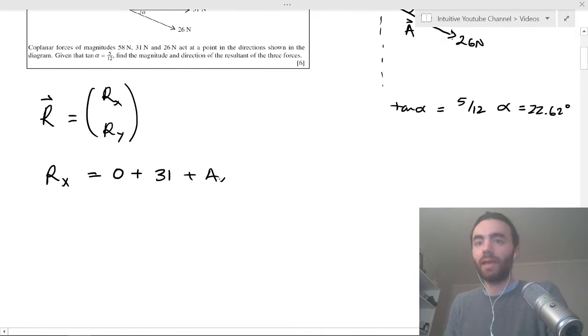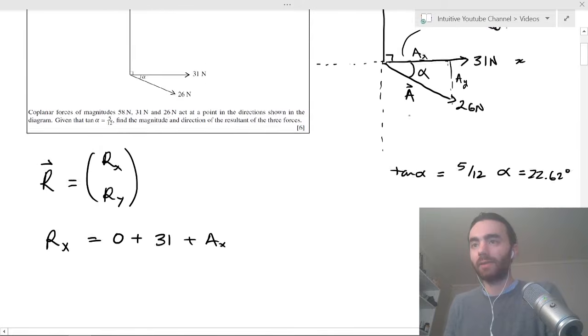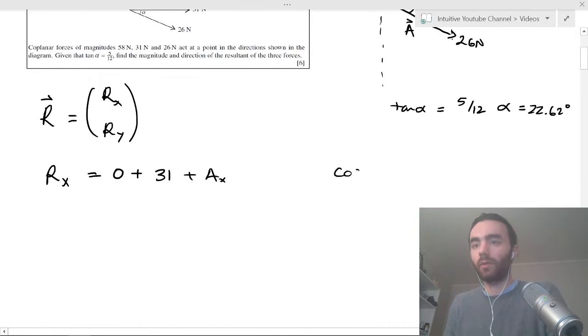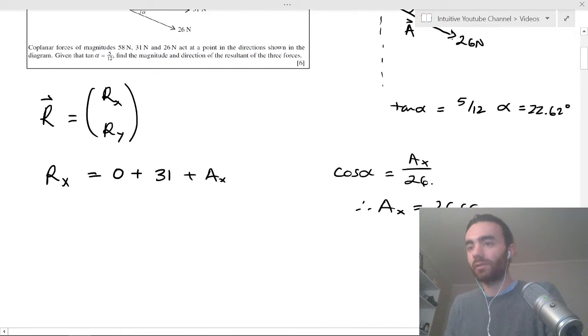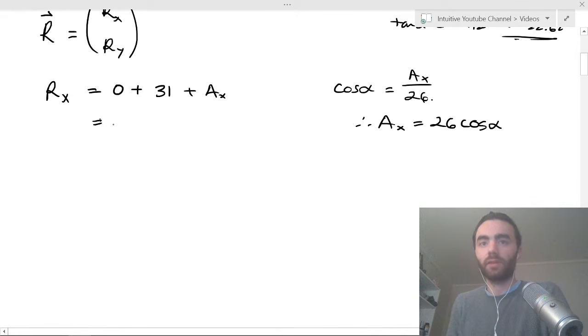So this would be plus ax, the x component of the first one, the second one, and the third one. Therefore ax equals 26 cos alpha. Remember, alpha is this. So this is going to equal 0 plus 31 plus 26 cos alpha.